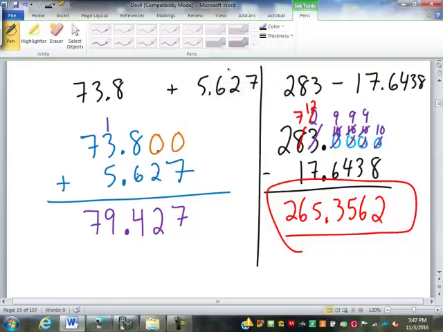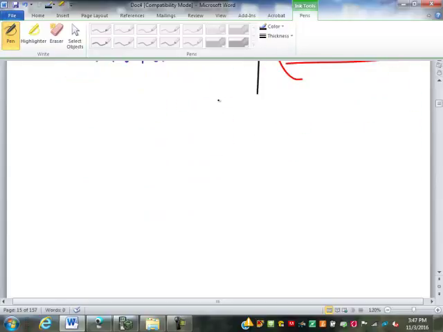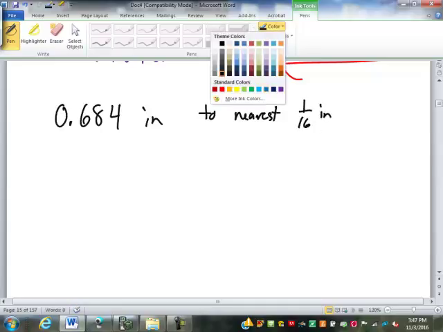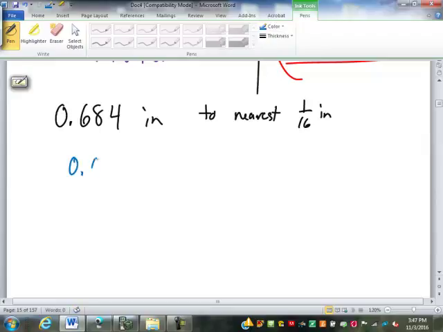Good. Then we also did converting to a specific fraction. Let's say I have 0.684 inches and I want to go to the nearest 1/16 of an inch. To do that, I'm going to make this 0.684 over 1. I've made it into a fraction without changing its structure yet.